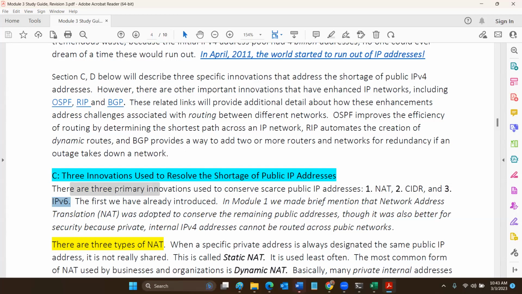We're going to spend half of an entire module in this course on it at the end, as a special topic. There are 128 bits in the 6th version of IP networking. Everybody is trying to transition to this.